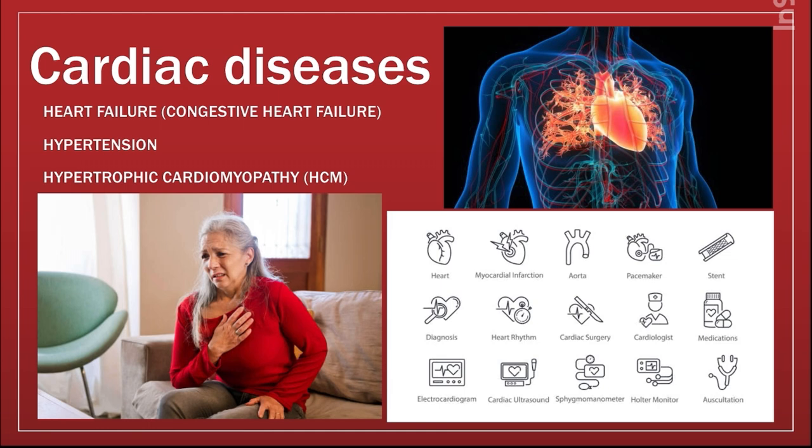Now, stage 1 hypertension occurs when the systolic, which is the top part of your blood pressure, is between 130 to 139 millimeters of mercury, or mmHg, or the diastolic, which is the bottom number that you find in these blood pressure machines, is between 80 to 89 millimeters of mercury.